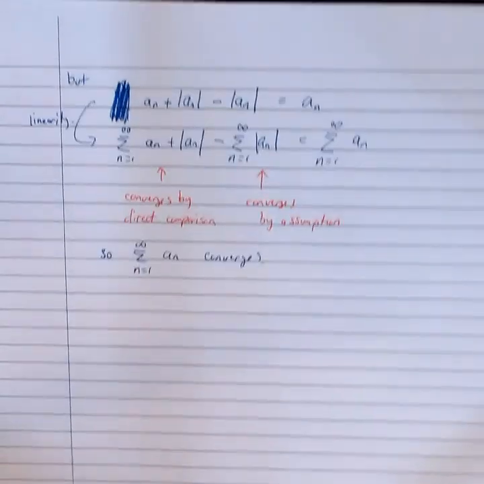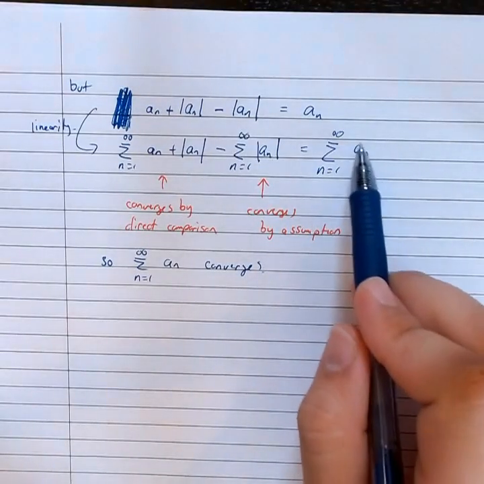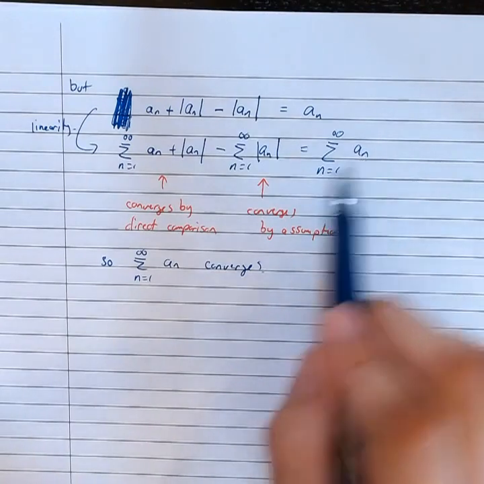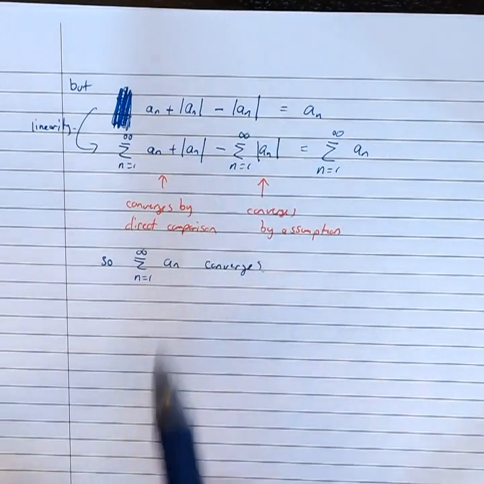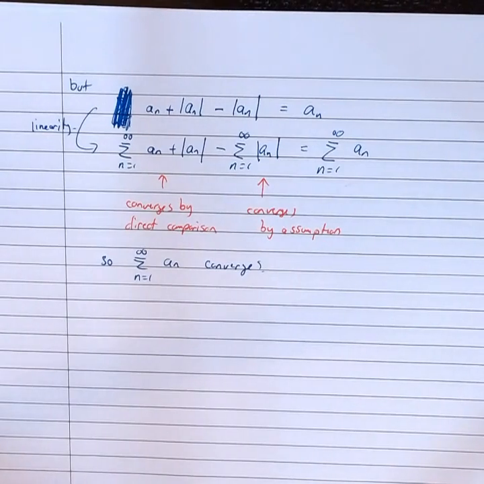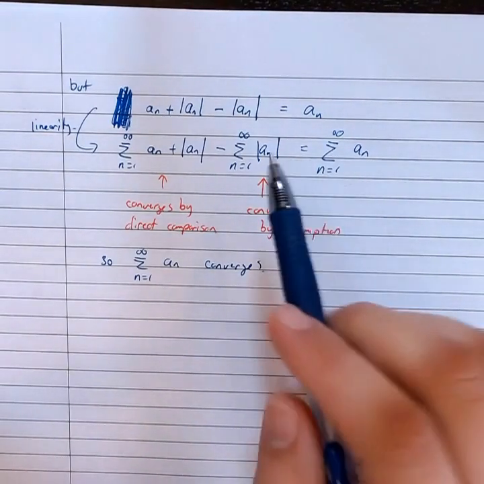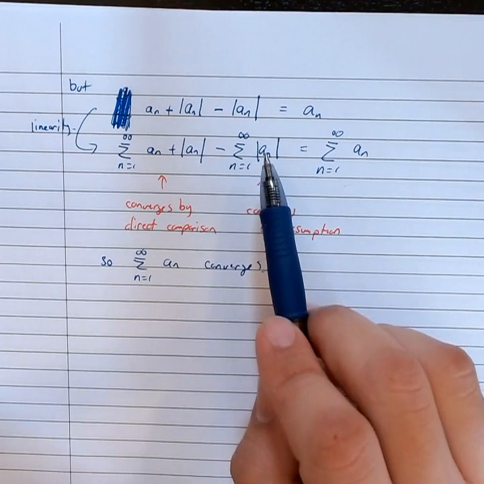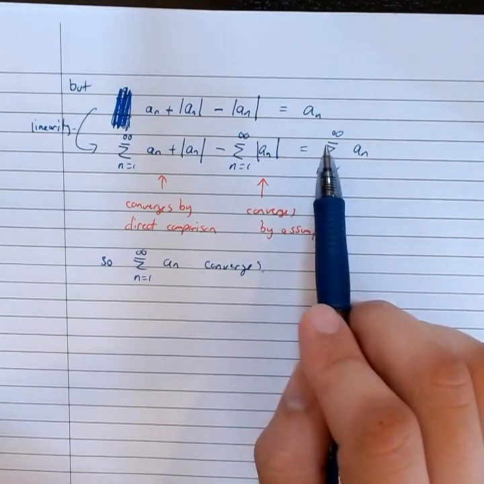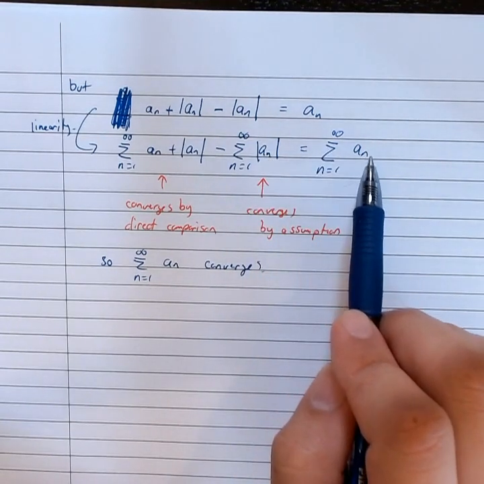Now, the other way around is not true. If these terms converge on their own, taking their absolute value might lead you to something that doesn't converge. Saying that one more time: if the sum of absolute values converges, the sum without the absolute values must also converge.